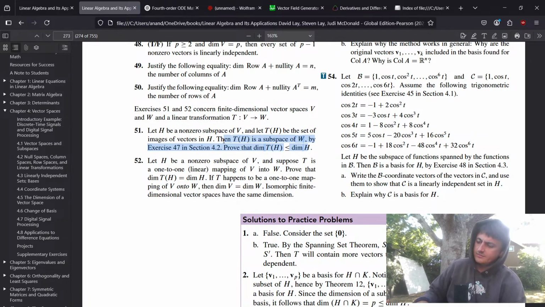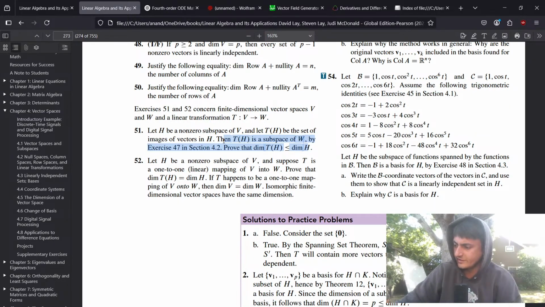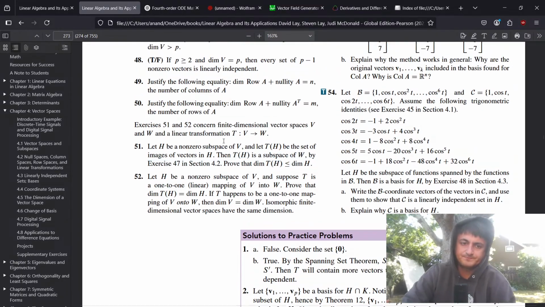All right, 51 is good. I want to see what the formal proof of that is. But it seems obvious.